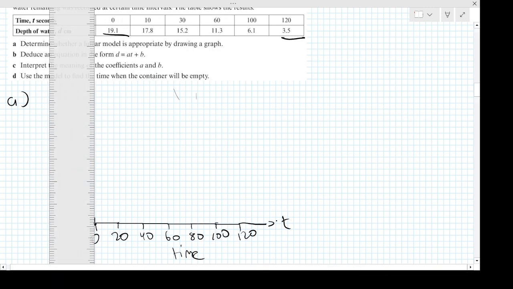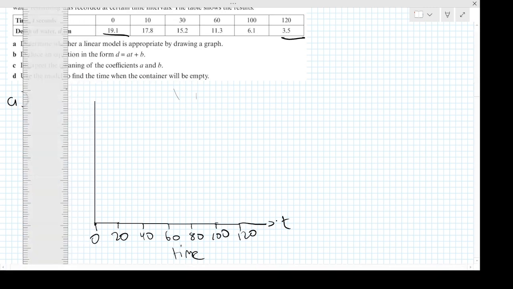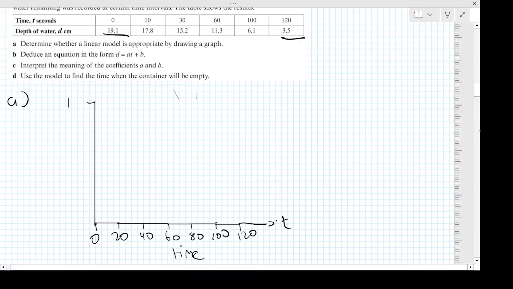So starting at 0, that's 1 there, 2, 3, 4, 5, 6, 7, 8, 9, 10, 11, 12, 13, 14, 15, 16, 17, 18, 19, 20. So that should be 20 there, and that's your d, your depth.